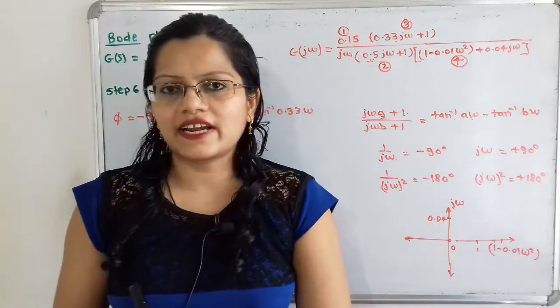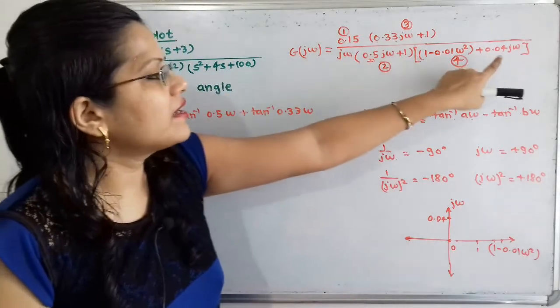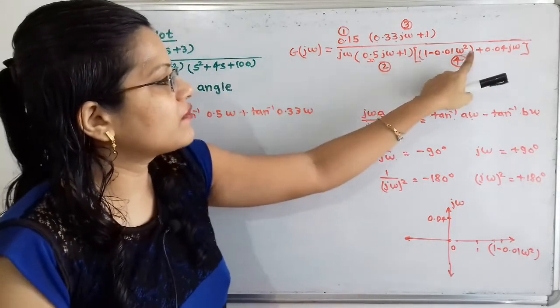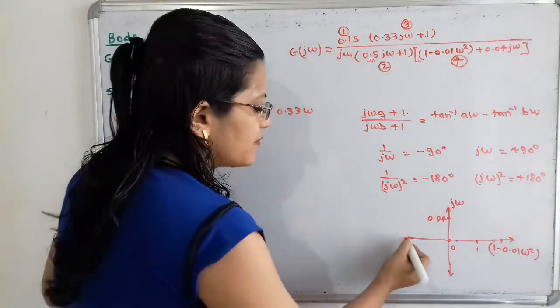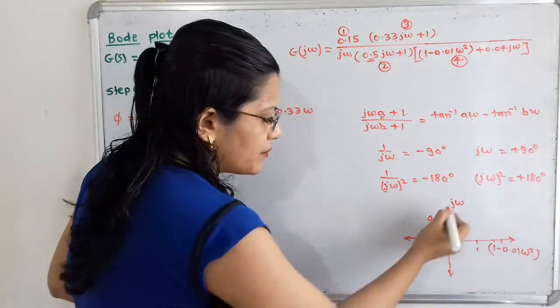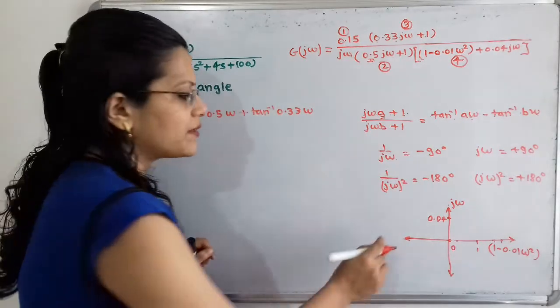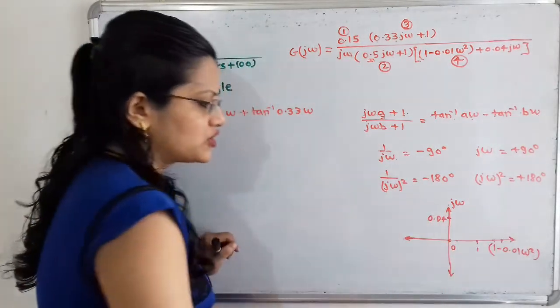But how do we decide the angle? Here one number is imaginary and one number is real. So we draw the S plane, which is the combination of the real axis and the imaginary axis.